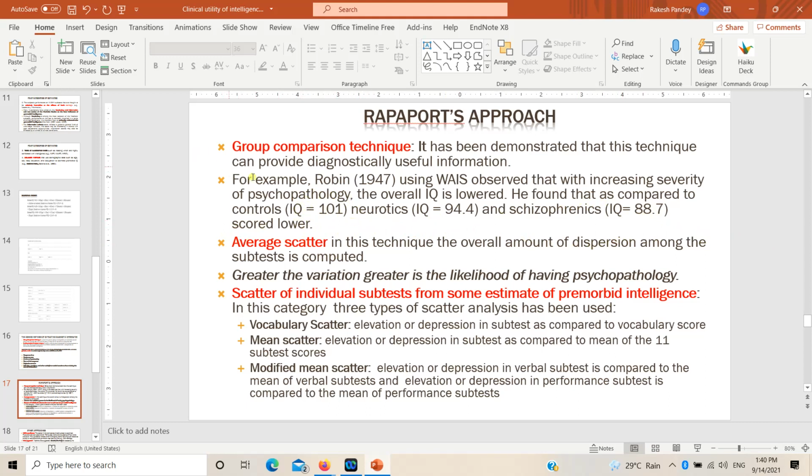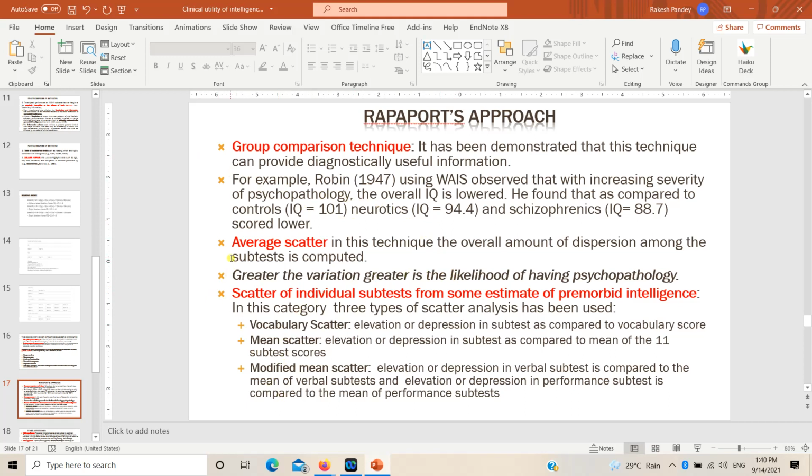But generally, this group comparison technique is used for research purposes where we are following the nomothetic approach, meaning we are conducting a study on more than one individual. But for clinical purposes, the average scatter and other methods of scatter analysis are more useful.